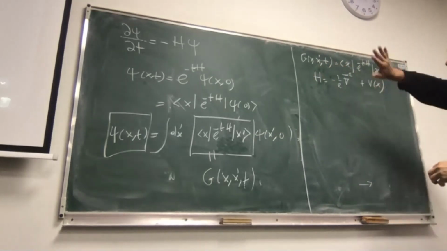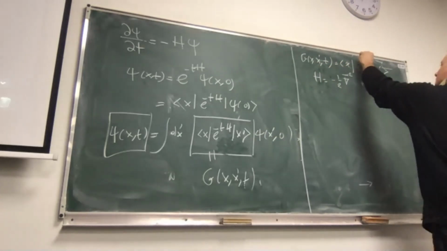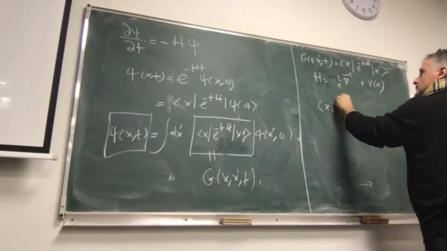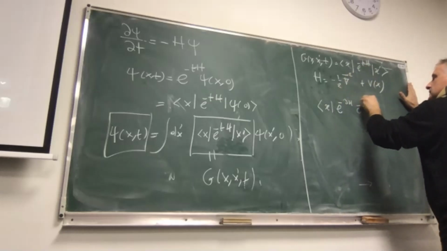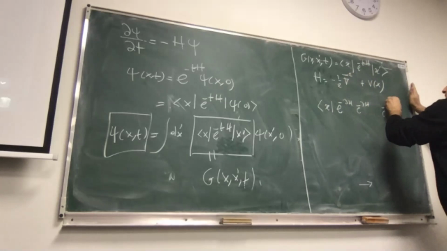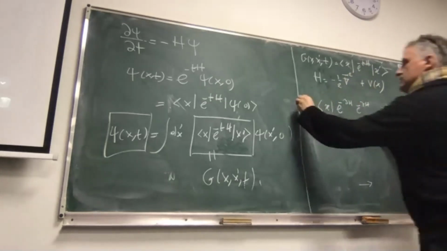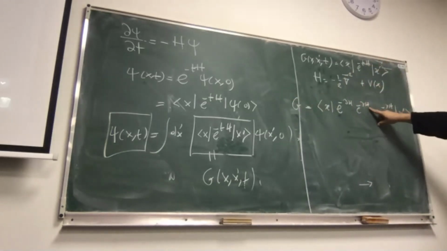We don't know how to compute it for an arbitrary time, but we know a good approximation when the time is small. So what we are going to do is to write this as a product of operators. Here it's exact because H commutes with itself.